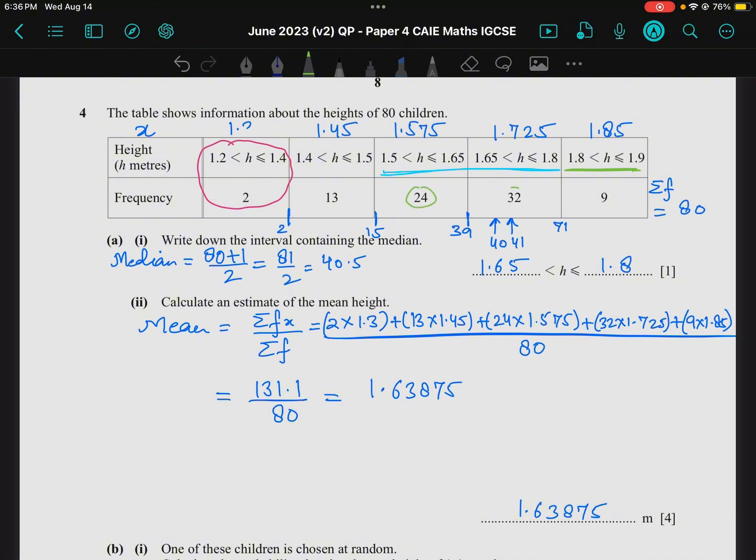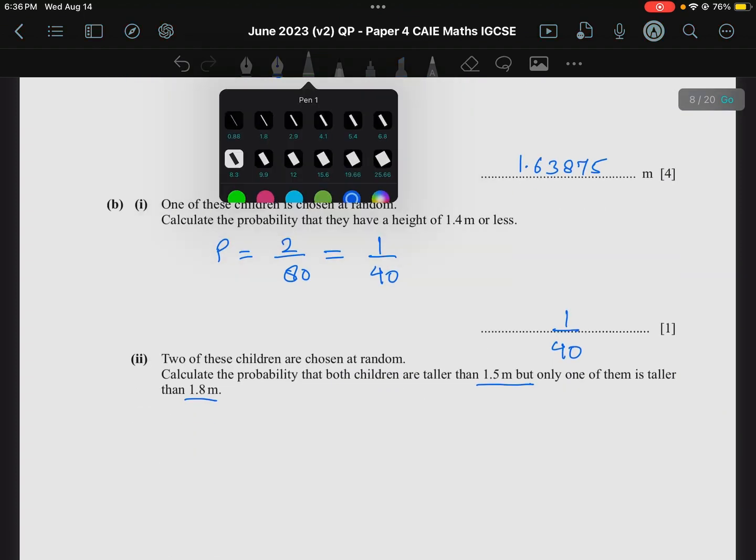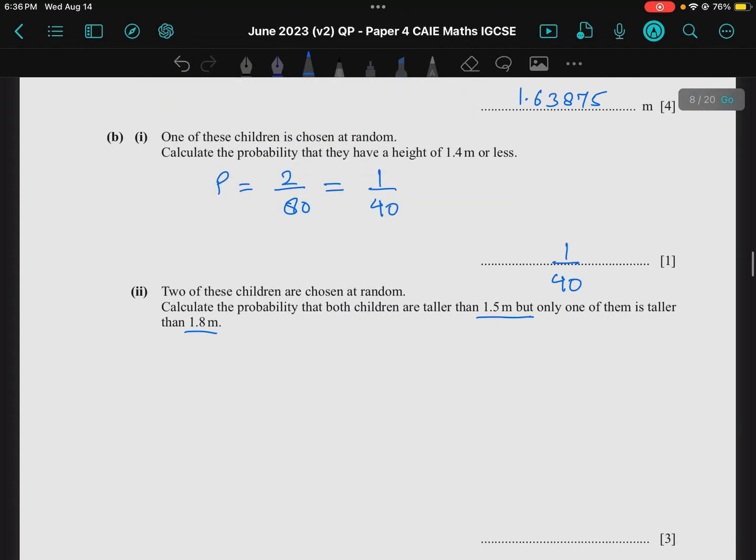So the total for these two, 24 plus 32, you will be getting 56. Okay, so doing it here. First probability is what? 56 total out of 80 children.